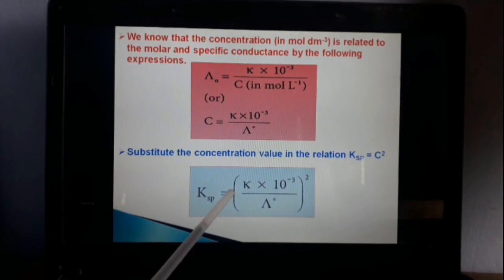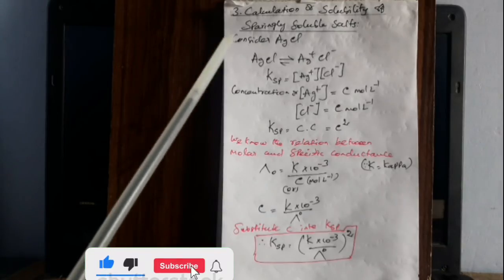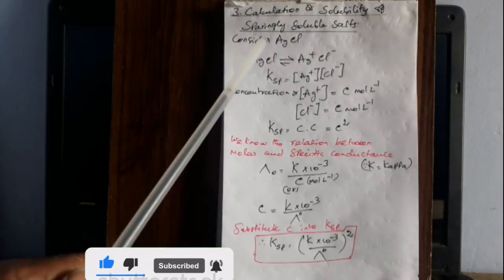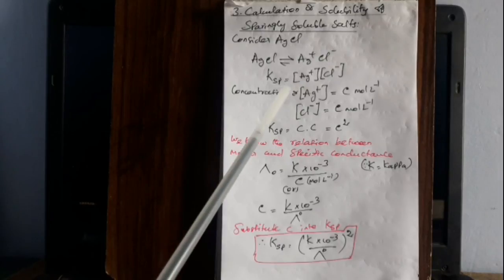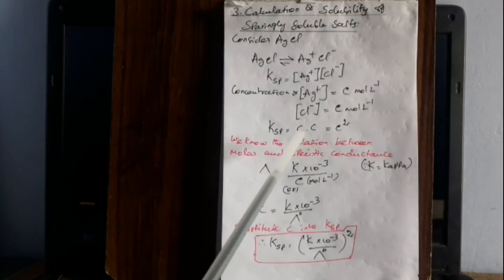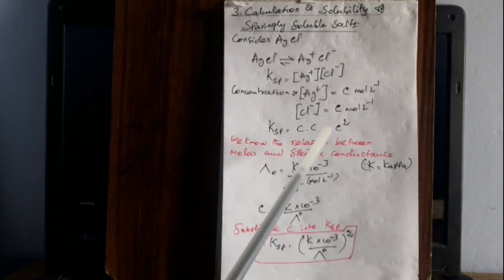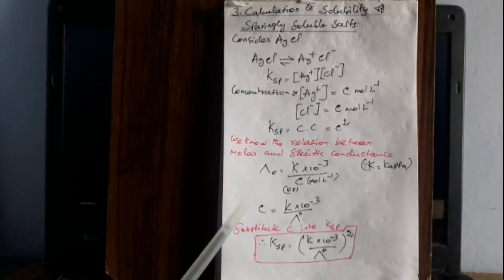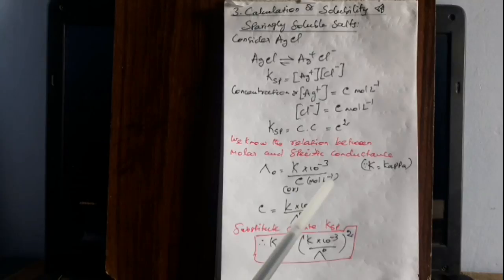Now I show the handwritten copy of this derivation. In this sparingly soluble salt, consider AgCl, Ag plus and Cl minus. The Ksp value is equal to the Ag plus concentration into the Cl minus concentration. The concentration of Ag plus is C mole per liter, and Cl minus is C mole per liter. So Ksp is equal to C into C, which is C squared. Substitute into molar conductivity: lambda 0 is equal to kappa into 10 to the power of minus 3 divided by C in mole per liter.